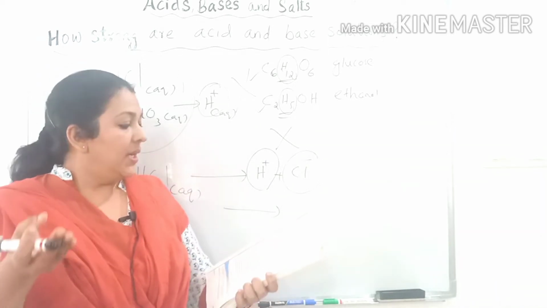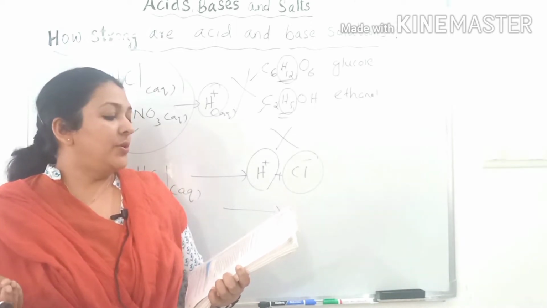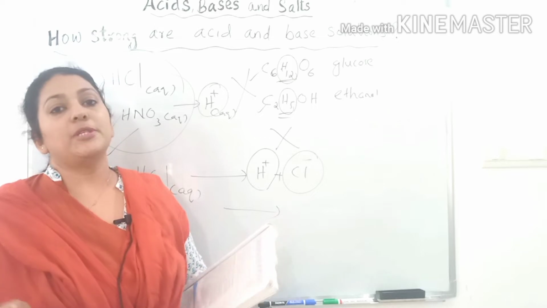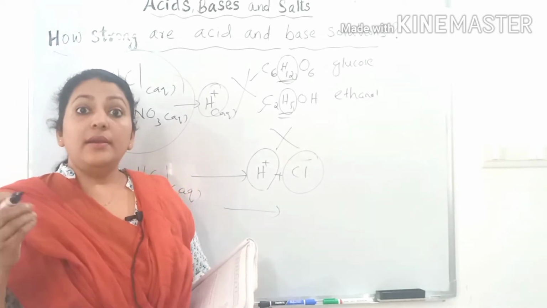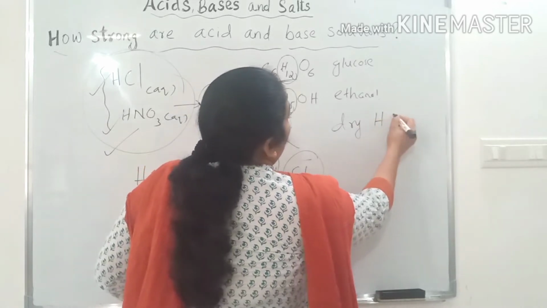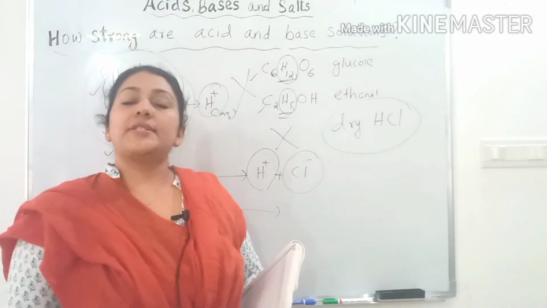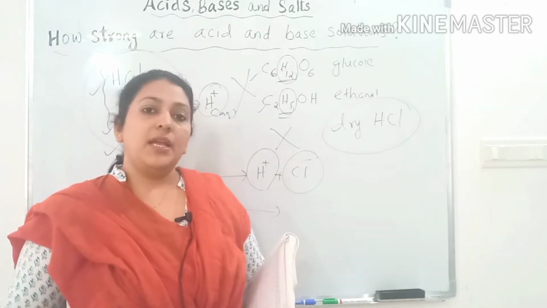You know that. Third question. Why does dry HCl gas not change the color of dry litmus paper? Dry hydrogen chloride gas, dry, okay? Why is it not showing any acidic behavior? You know the reason.